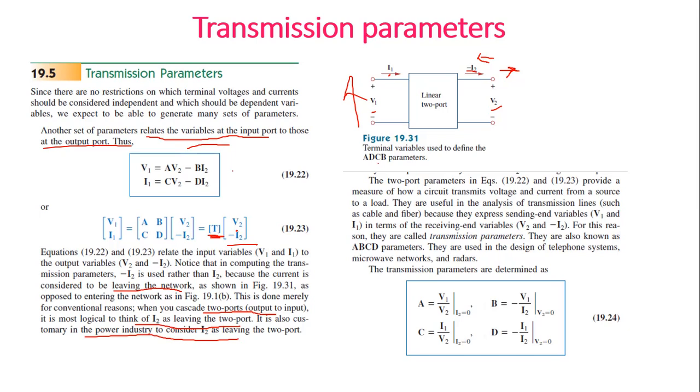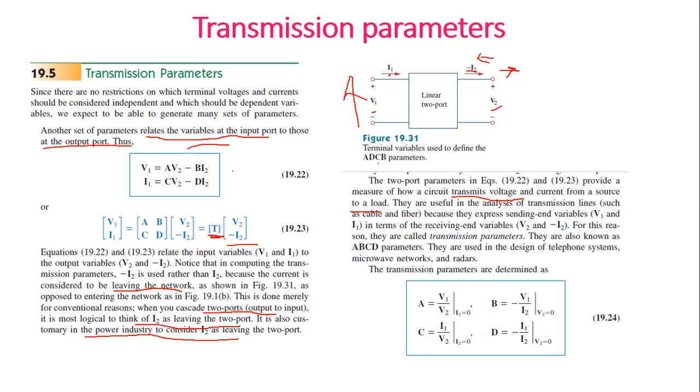Now we have expressed transmission parameters in terms of how input variables and output variables are related. Normally what we do is modify an input and obtain an output. By varying the input we get an output, right? So the transmission parameter is a measure of how the circuit transmits voltage and current from the source to the load.